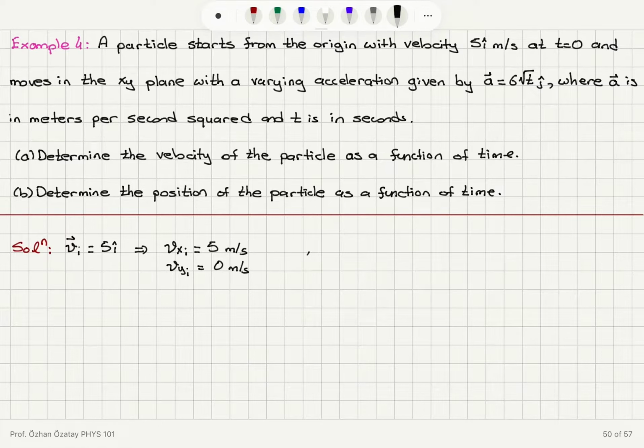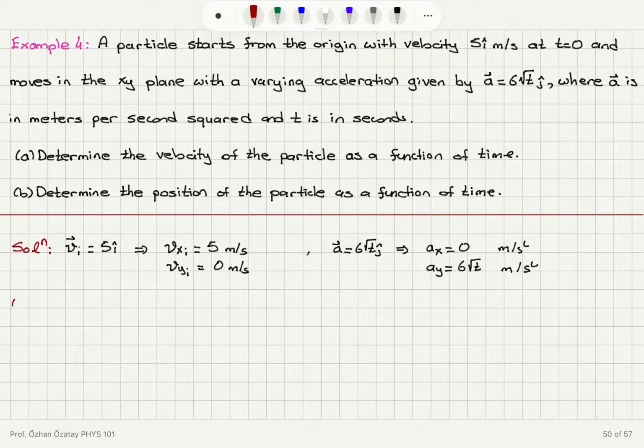On the other hand, I have acceleration, which is 6 square root t j hat, which tells me an x component of 0 and y component of 6 square root t meters per second squared.